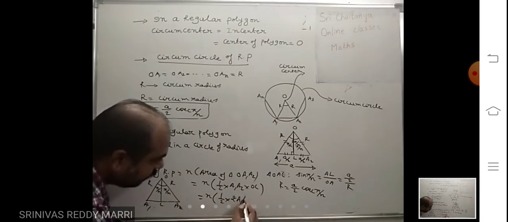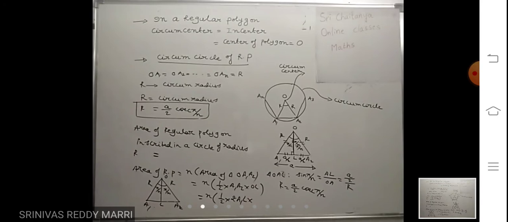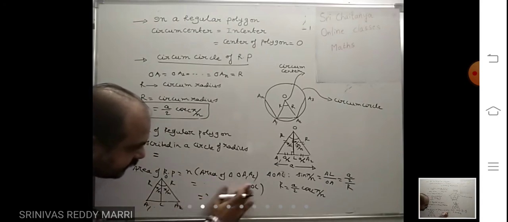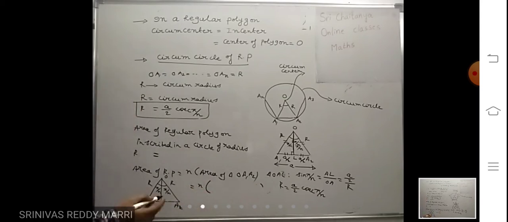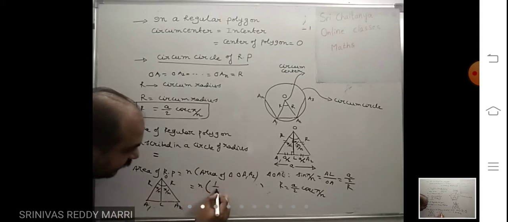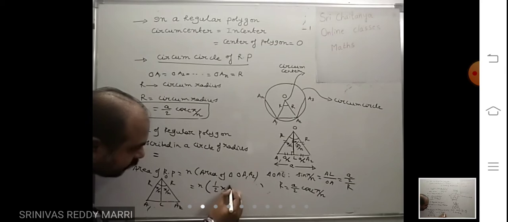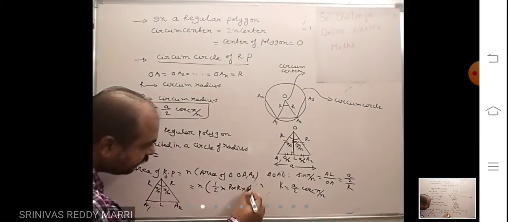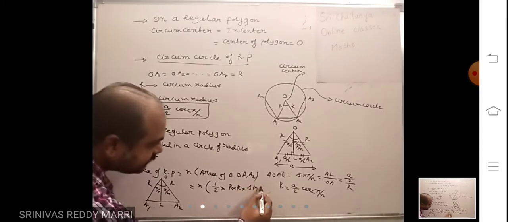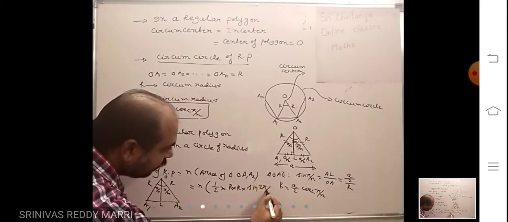You can write this area easily. This side is r, this side is r. Included angle is 2 pi by n. Therefore, directly you can write n into product of two sides into sine of included angle, no need of base into height.